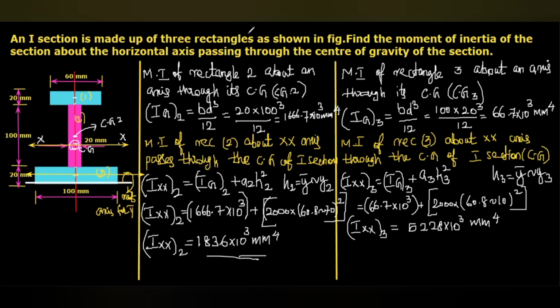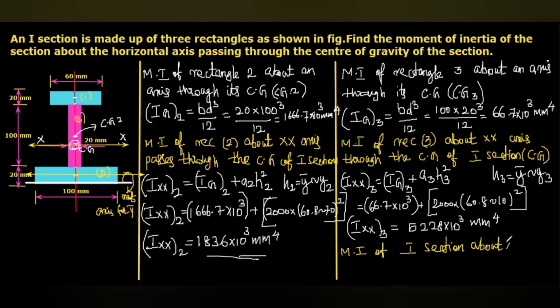So now the moment of inertia of the whole section, that is the I section, about the x axis through CG.